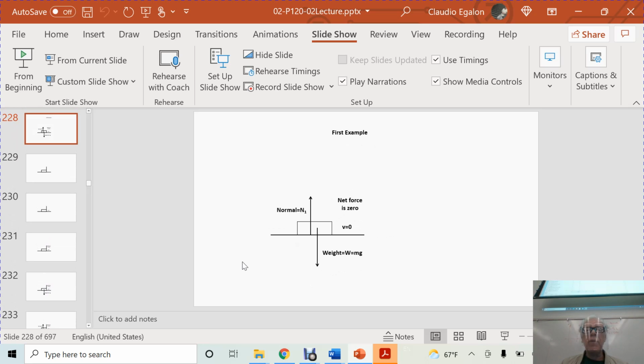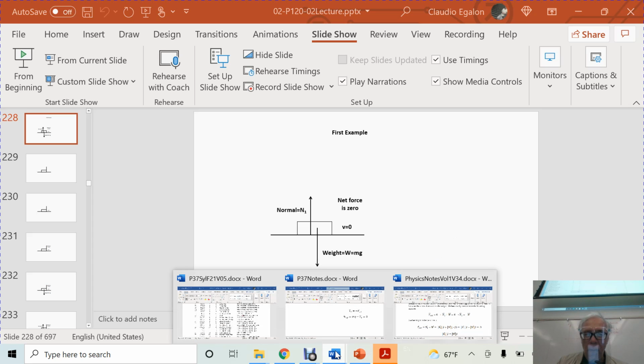In this case, the magnitude of the normal is going to be exactly equal to the magnitude of the weight. But if you add another force along the y-axis, just like in the other example that you saw, now the normal is no longer going to be equal to the weight. It's going to be slightly less in that case.